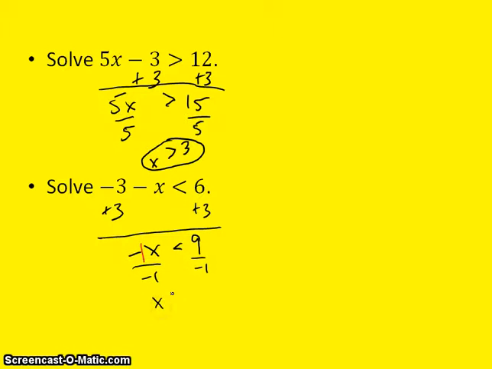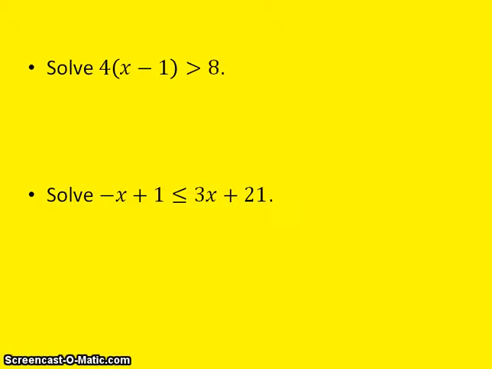That means x, and then because it was a negative, we got to flip the sign around. X is greater than negative 9. So we had two examples there, one where it was normal and one where we had to switch the sign.